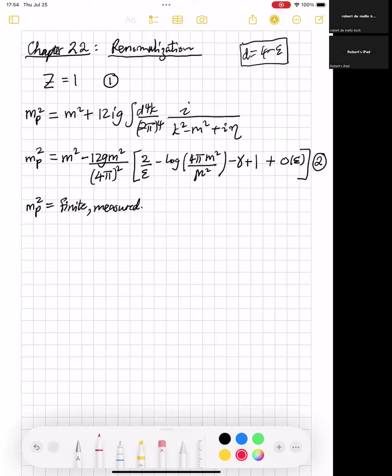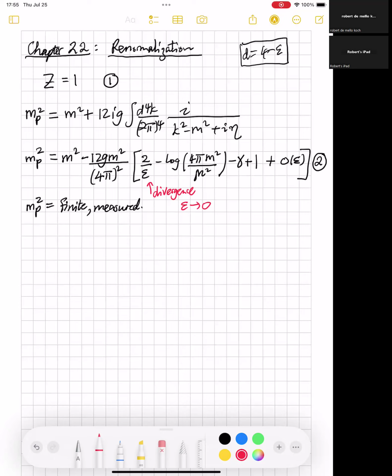As we take epsilon to 0, there's a divergence here. Because we've got that divergence on the right-hand side, but we know that the sum of all of the terms on the right-hand side has to be finite, it means that other terms on the right-hand side must also be divergent so that the sum in the end is finite.